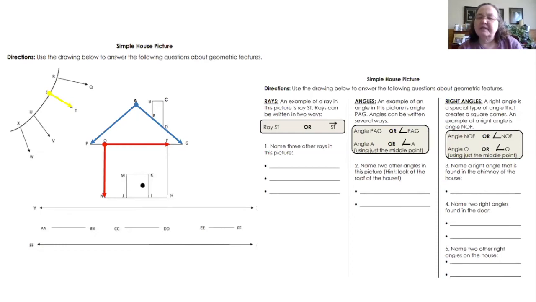Number 4 says, name 2 right angles found in the door. And number 5 says, name 2 other right angles on the house. So if you need more time, just push pause.